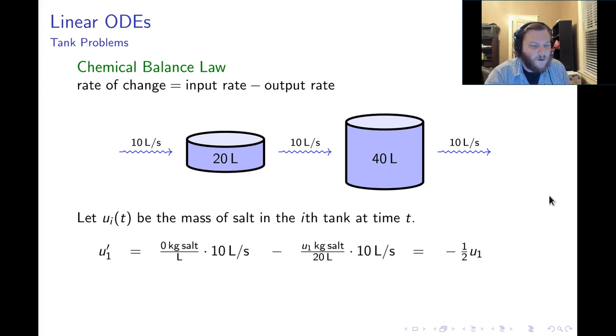If we think about our situation here, we're modeling the rate at which the functions u1 and u2 are changing over time. Remember, there's fresh water being pumped into the first tank. That solution is then mixed, and then pumped out at the same rate. So if we pay attention to the derivative of u1 here, we can separate out the input rate and the output rate as far as the mass of salt is concerned.